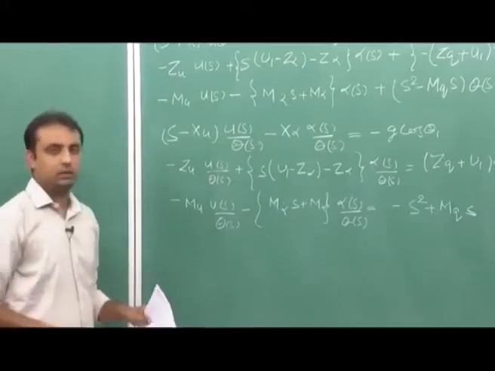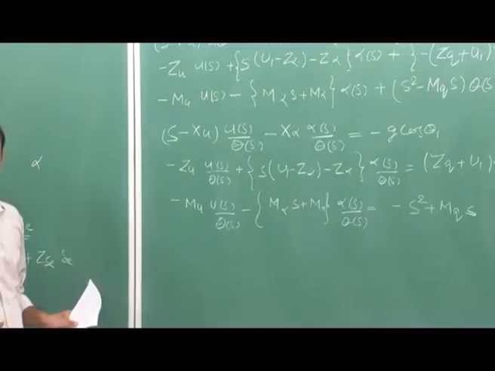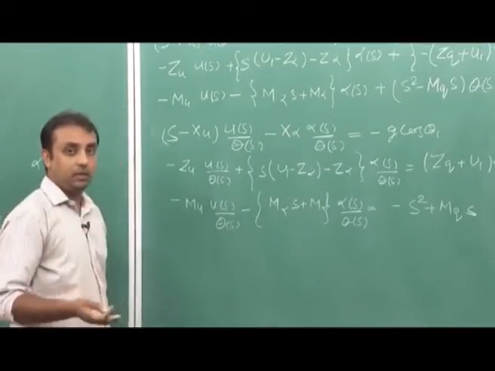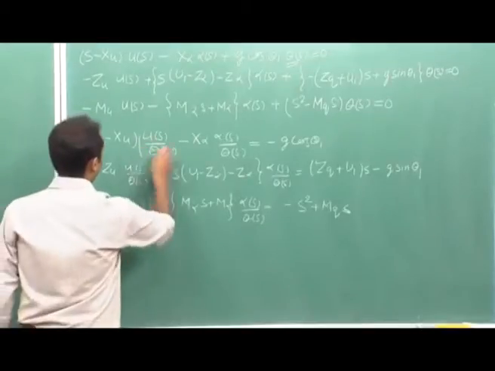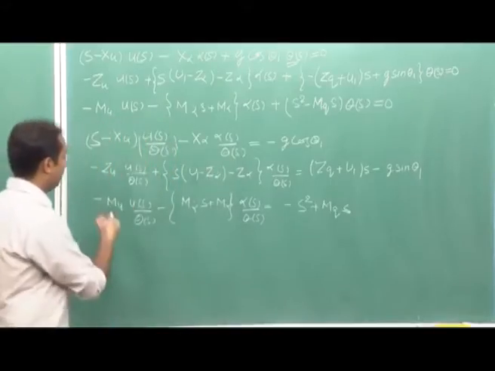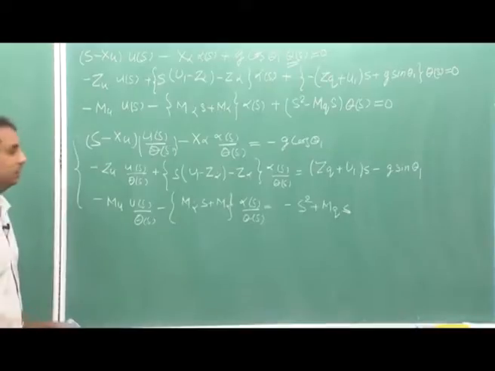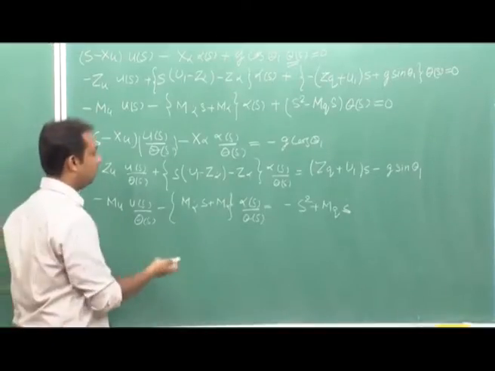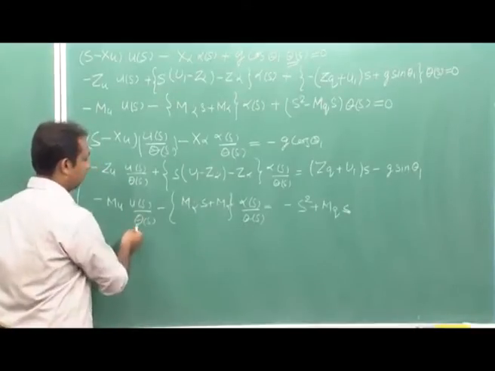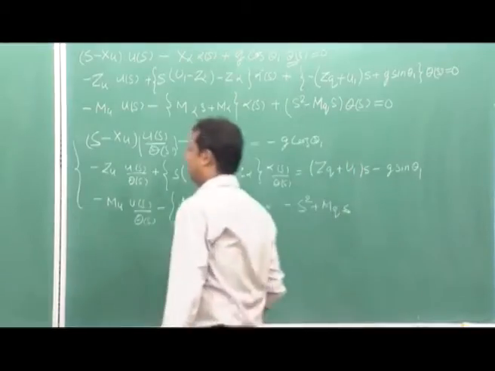You can write this differential equation in matrix form, and as we have already seen while deriving the transfer function, you can use Cramer's rule to derive the value of U of s upon theta of s and alpha of s upon theta of s. As you can see, this has 3 equations and 2 variables. You can choose any 2 equations and solve for U of s upon theta of s and alpha of s upon theta of s.